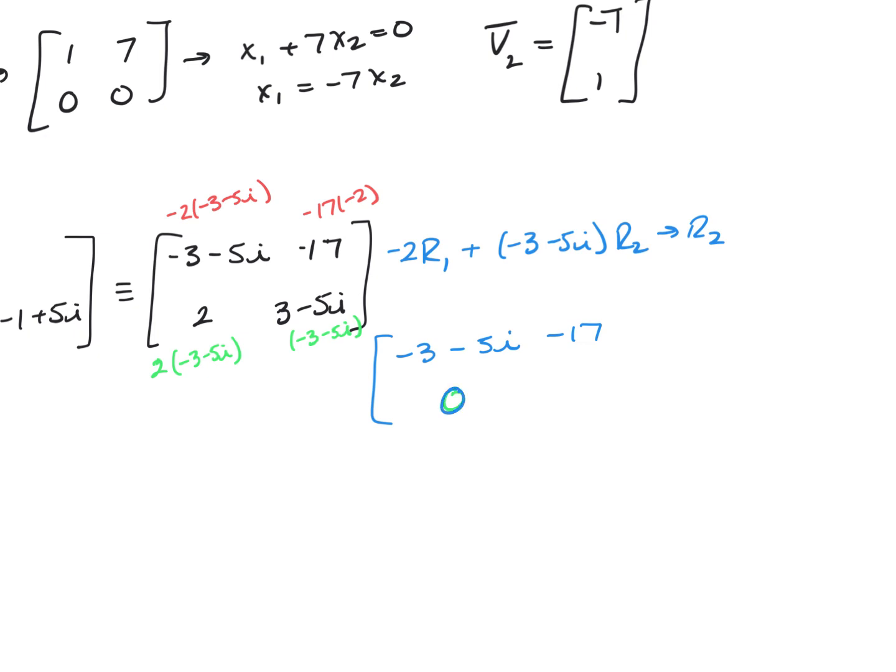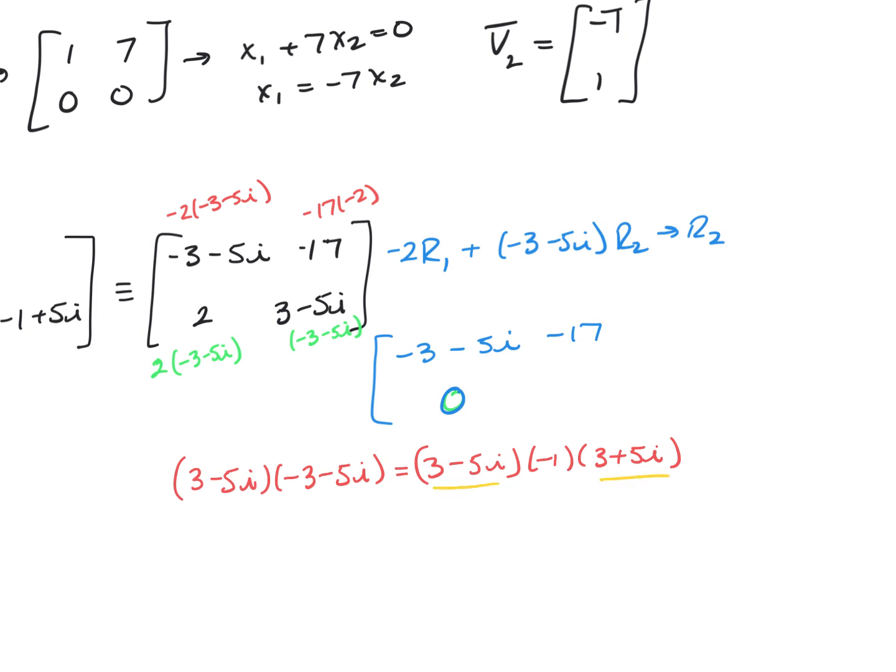I know that when I do (3 minus 5i) multiplied by (negative 3 minus 5i), this is the same thing as (3 minus 5i) multiplied by negative 1 multiplied by (3 plus 5i). You can see that these are conjugates, that this is a conjugate of this.